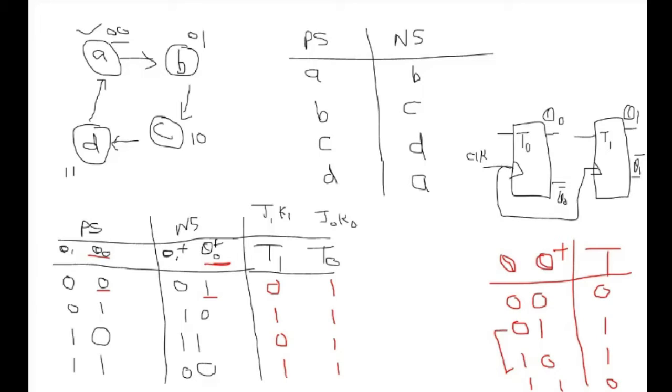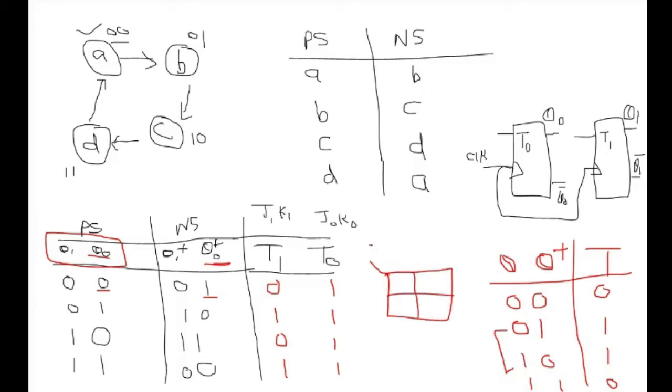Next, we need to find the value of T0 and T1. So we will solve the two variable K-map where these two, Q0 and Q1, are my input and T0 and T1 are my output. If you will solve it, you can simply say T0 will be equal to 1 because it's all one, pairing of 4. And let's see what we are getting for T1.